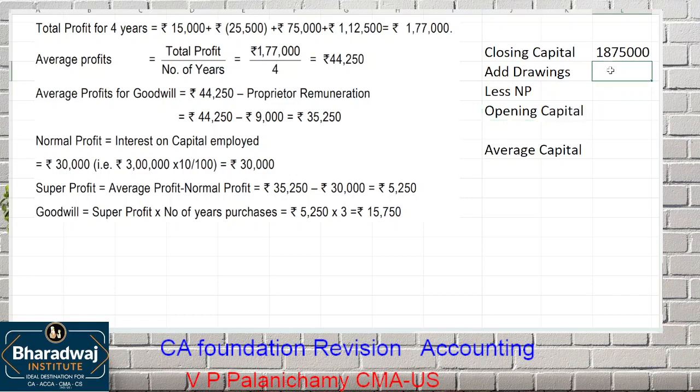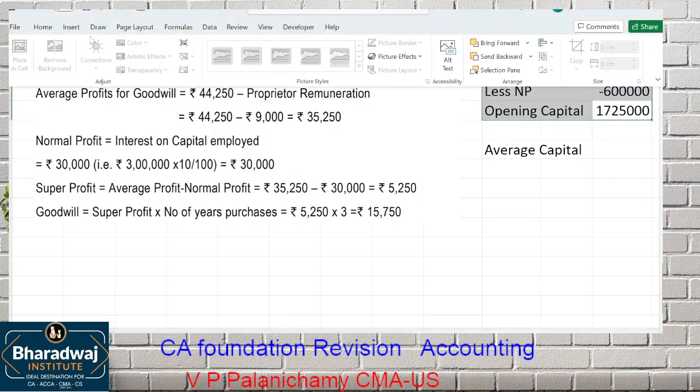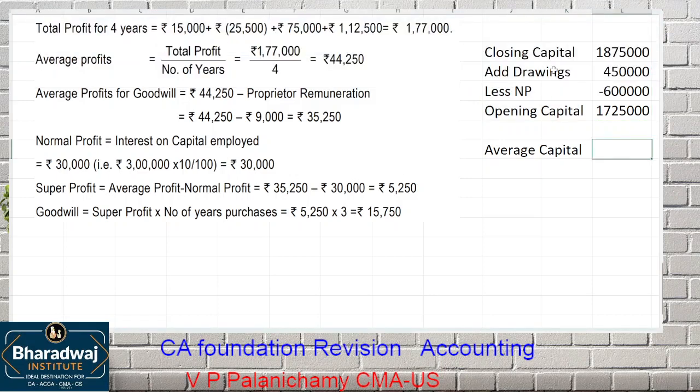So because we reverse work, we add back drawings and less net profit, and we get what? Opening capital. How much drawings have they given? 4,50,000. How much profit have we earned? 6 lakhs. Now at the beginning of the year what would have been the capital? We are doing a reverse working. So 17 lakh 25,000.